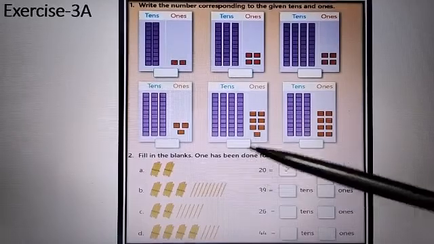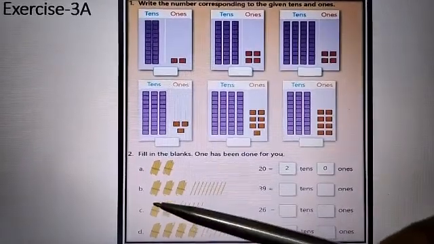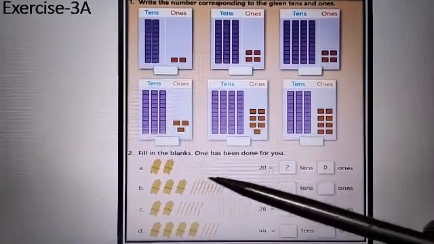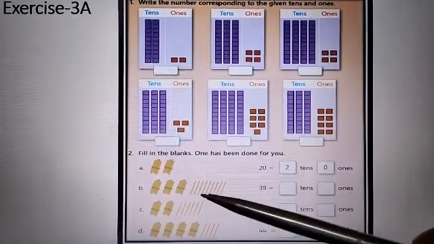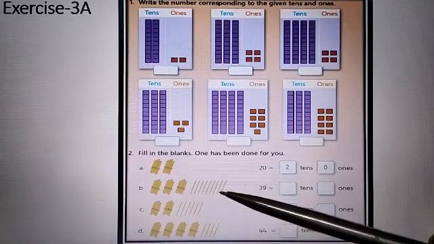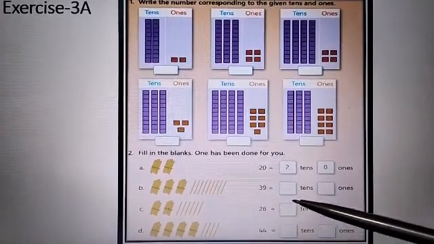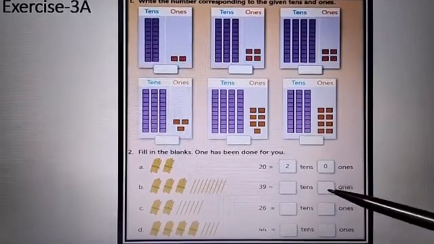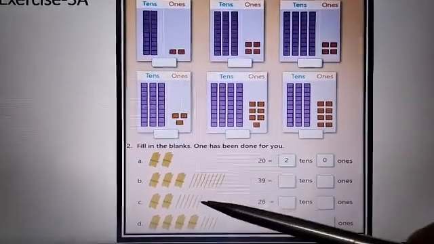There are no ones over here. Now next. 1, 2, 3. You will write here 3 tens and how many ones? 1, 2, 3, 4, 5, 6, 7, 8, 9. 9 ones. So it will make 39. 3 tens, 9 ones, 39.